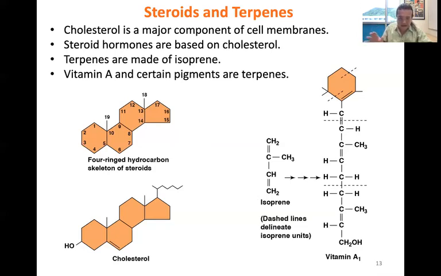You might say, oh, is this like a polymer of isoprenes? No, not really. Okay, because again, these individual units, right, don't really have much function on their own. It's just that when you have this repeated pattern in this molecule, this is what makes up a terpene. This particular terpene is something that's actually familiar to you. This is vitamin A, right?